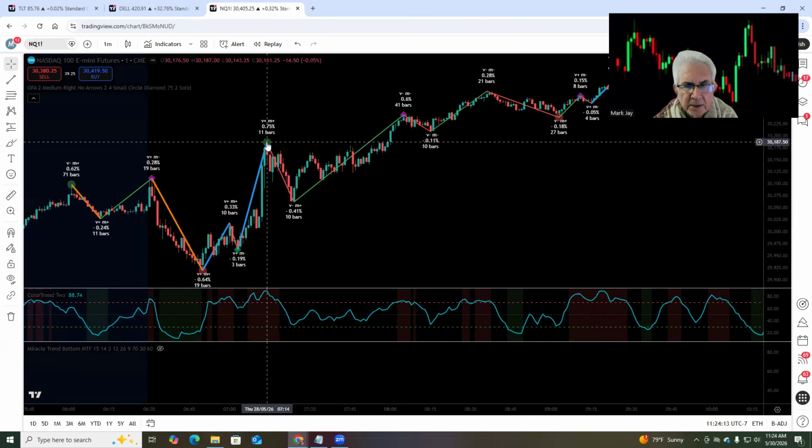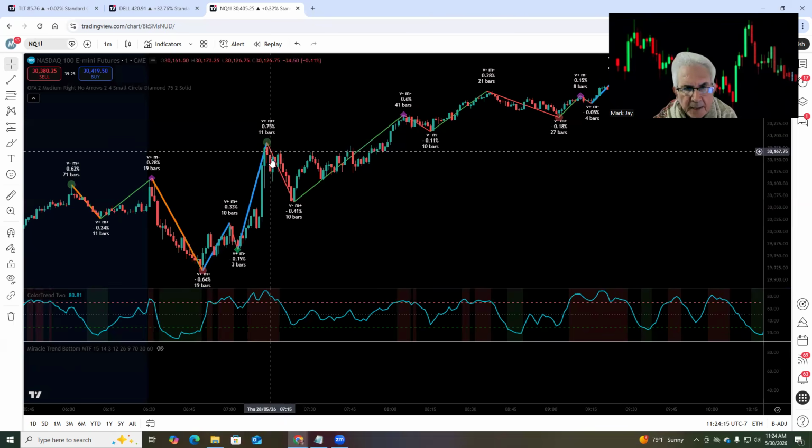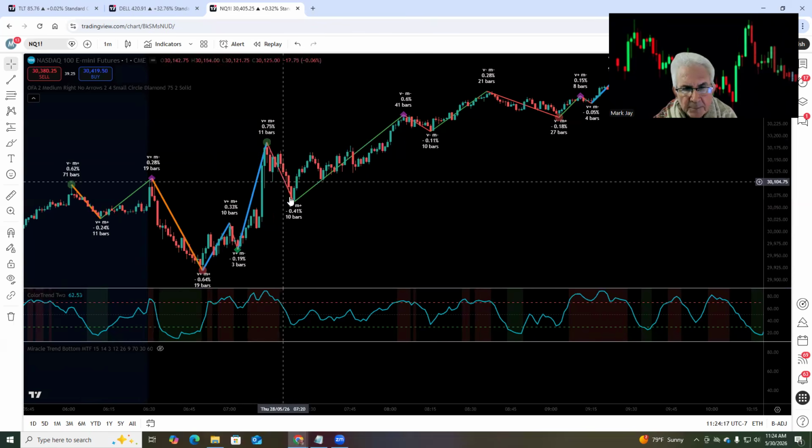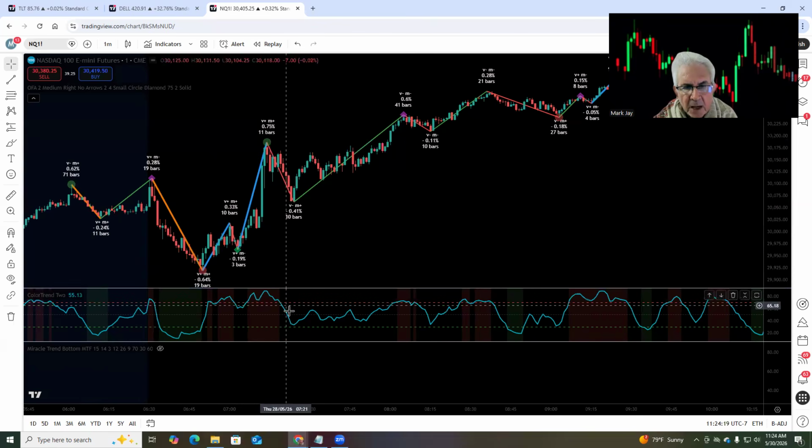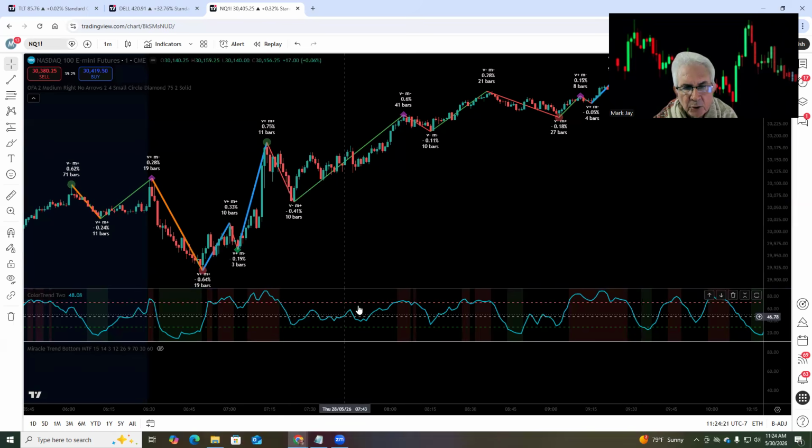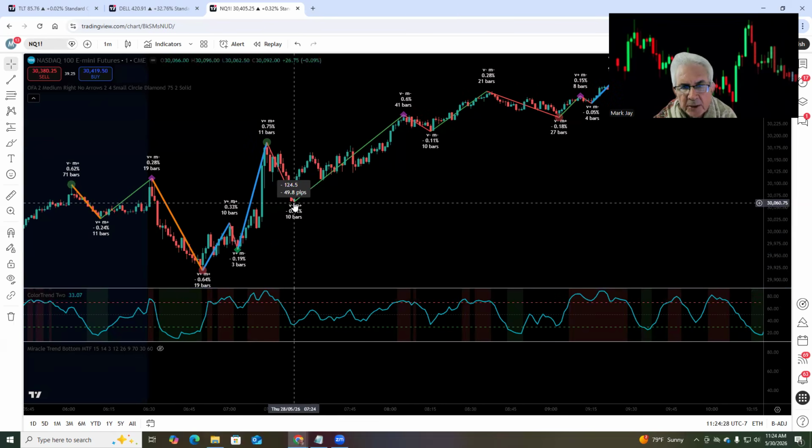Now, we can take this signal and we can take it short. But look, there really is not a good exit. Our green colored background didn't occur, neither did we get an opposing order flow signal.